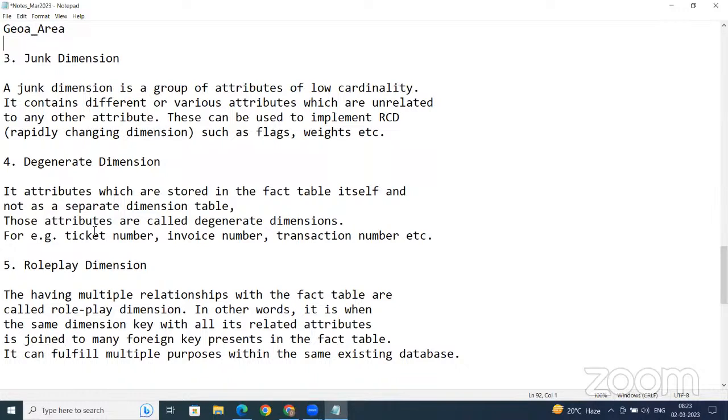These attributes are called degenerated dimensions. Normally, a ticket number: when you book a ticket from IRCTC, there will be a PNR number, right? Even if you book a flight ticket, there will be a PNR number. These numbers are generated by a system and stored in the fact table. During transaction data ingestion, that is when we create these degenerated dimensions.